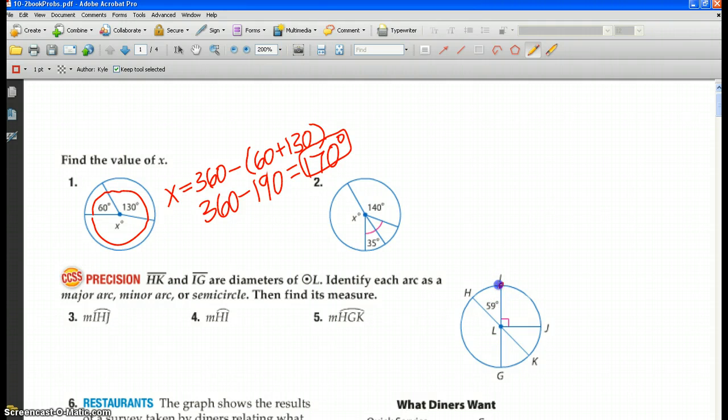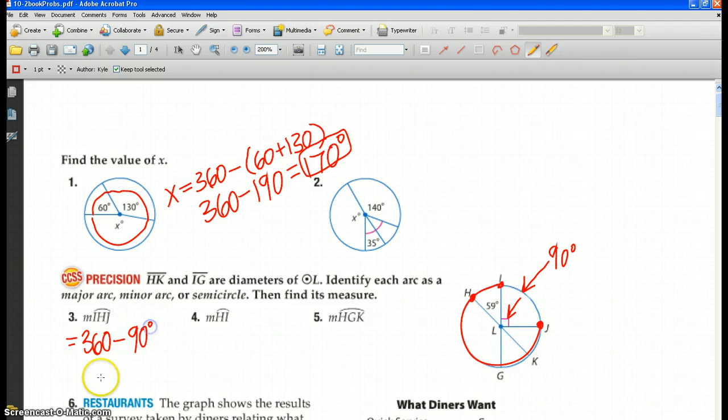So I going through H and ending up at J. As we can see here, that's the entire circle except for this part, which has a central angle of 90, so that arc is 90. So to find IHJ, we simply take the entire circle and subtract the part that we don't want.